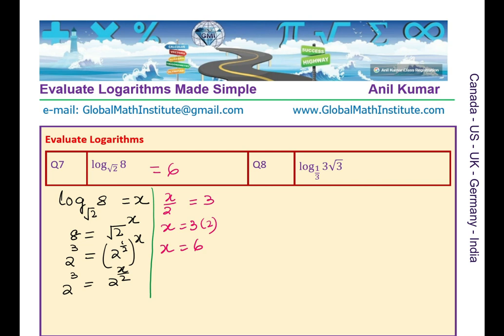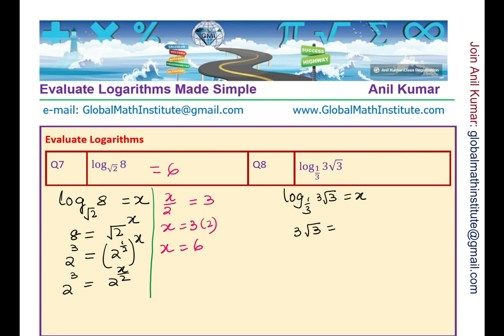Now, next example, we have log to the base 1 over 3 of 3 square root 3. Let it be equal to x. Means 3 times square root 3 equals 1 over 3 to the power of x, right? Now 3 times square root 3 is 3 to the power of 1 plus half, 3 by 2, right?